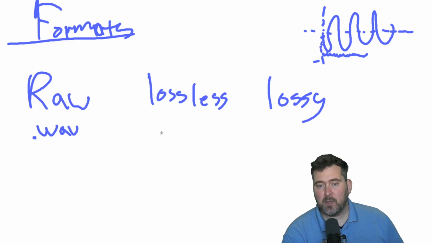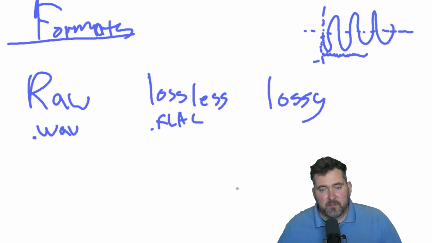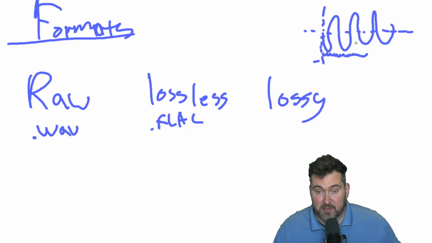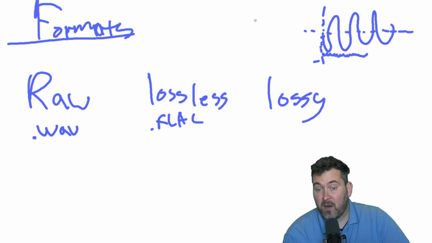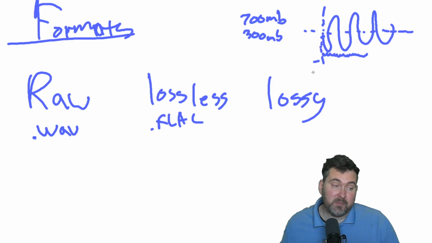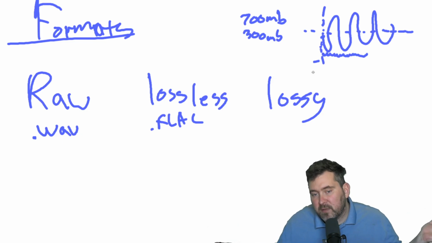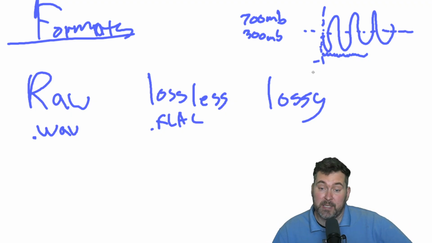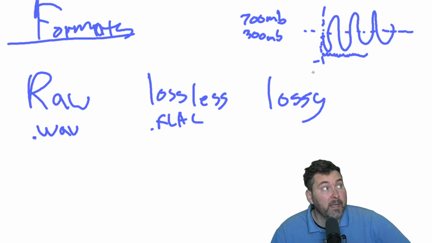Now, there's also a lossless sound file called FLAC, and that is a version of this which basically saves some of the space. So for example, an entire audio CD might be something like 700 megs, but a lossless FLAC might only be 300 megs. By megs, I mean megabytes, which is just a unit of measuring how much memory it takes. Think about it like volume or length.